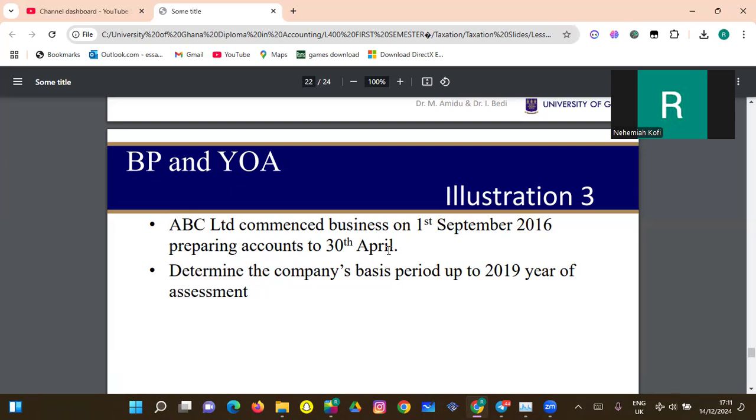In the 2017 year of assessment we are going to have only 8 months. But in the 2018 year of assessment you are going to have 12 months, because it will start from 1st May to 30th April. Then 2019 will also start from 1st May to 30th April.